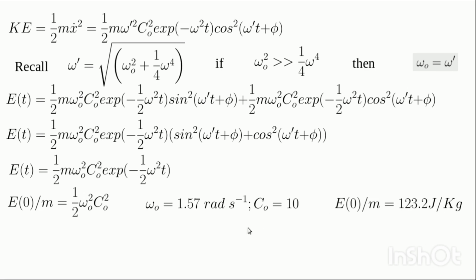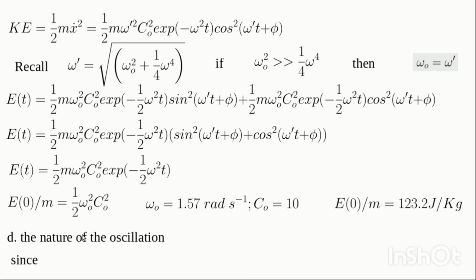Okay, so finally we look at the nature of the oscillation. Now, for us to know what kind of oscillation we are dealing with here, whether it is underdamped or lightly damped, heavily damped, that's overdamped, or critically damped, we need to check this expression.